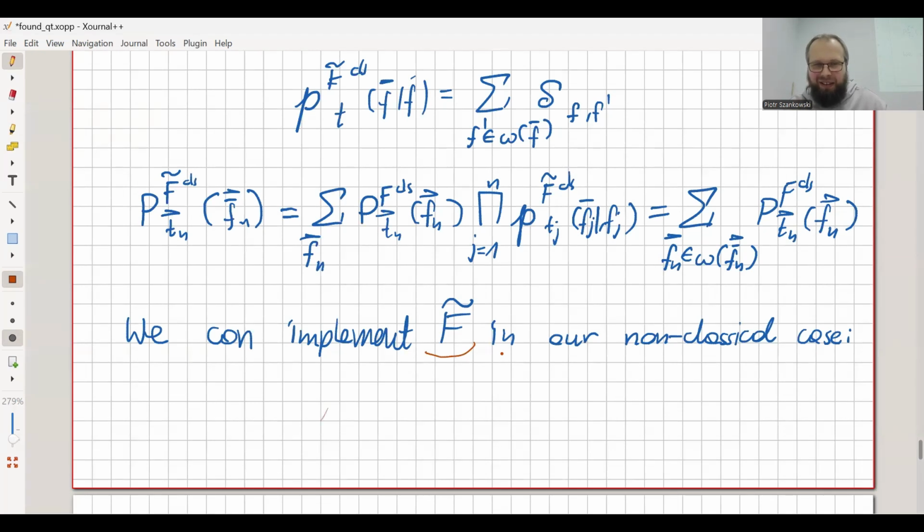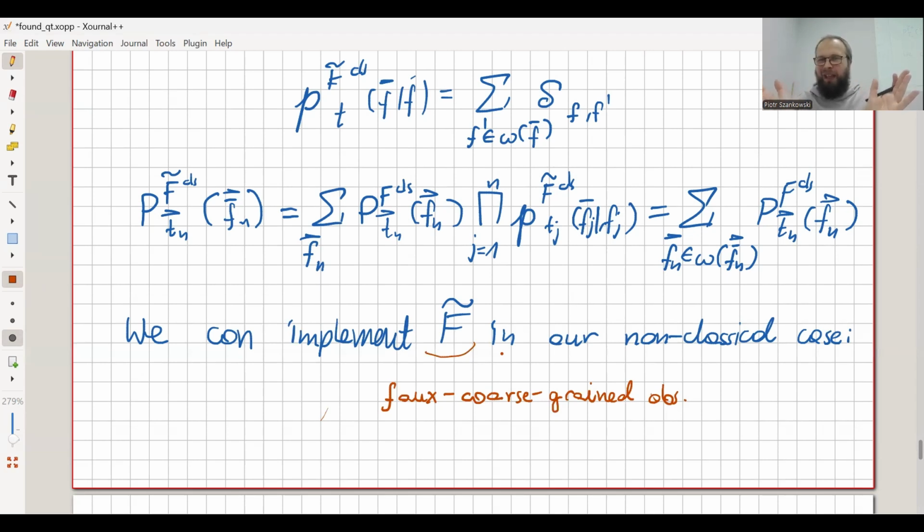I will call it F tilde, the coarse-grained observable. It's like for leather, the fake leather. So it's fake coarse-graining. Because in our non-classical theory, to implement it would be very easy. You just deploy fine-grained F devices.